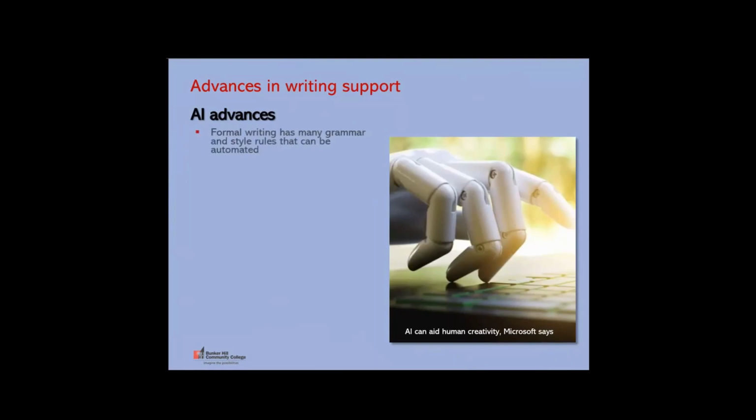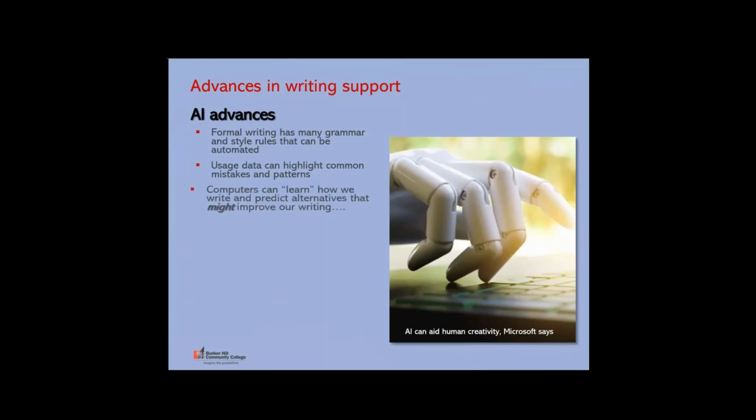What's become very obvious is that formal writing has many grammar and style rules that can be automated. Usage data can highlight common mistakes and patterns. So the more we use computers, the more computers can analyze our usage and patterns and find mistakes and propose alternatives to those mistakes.